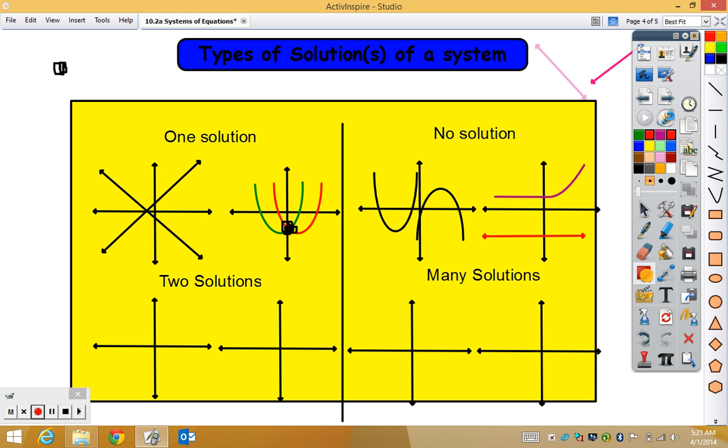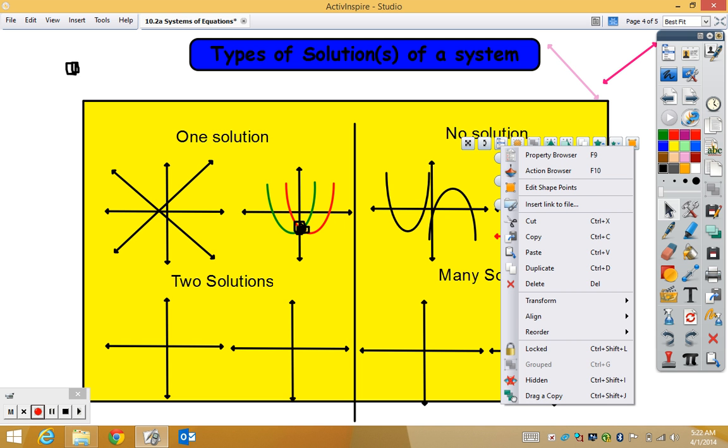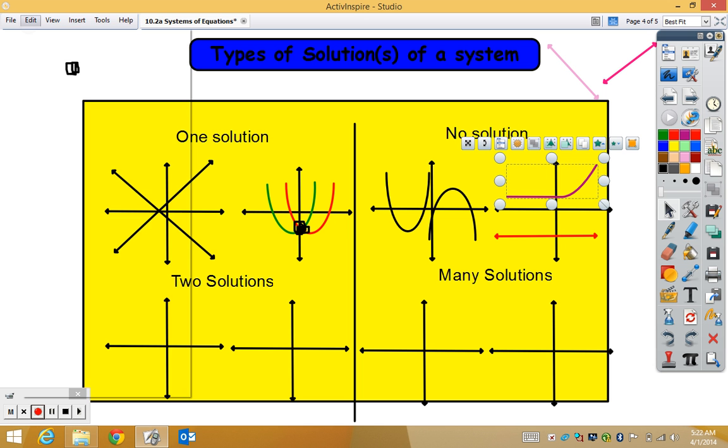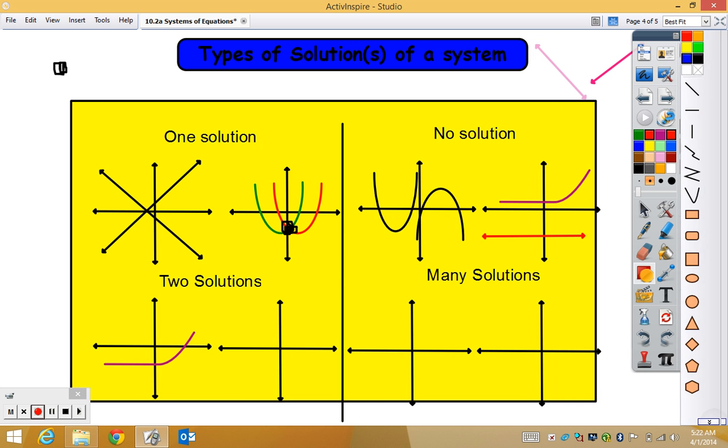Alright, so sometimes we can have two solutions where it's going to intersect twice. In that case, let's copy our exponential, like here. And then we can draw a linear, the one I tried to do before but messed up on.